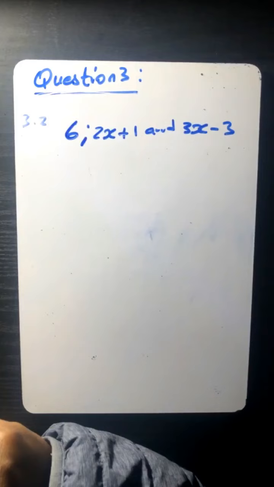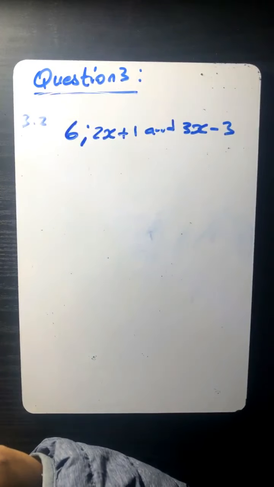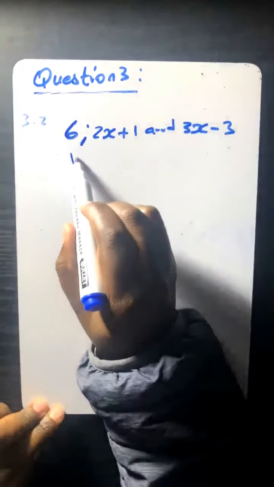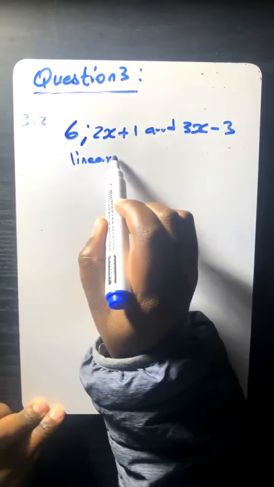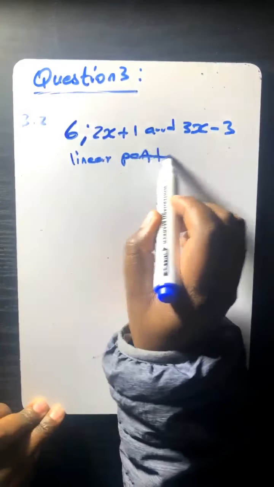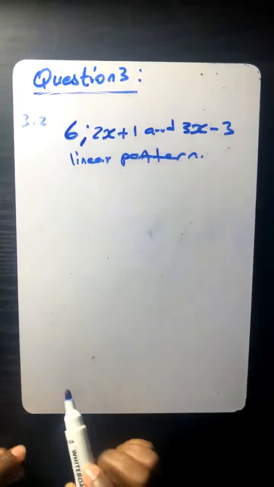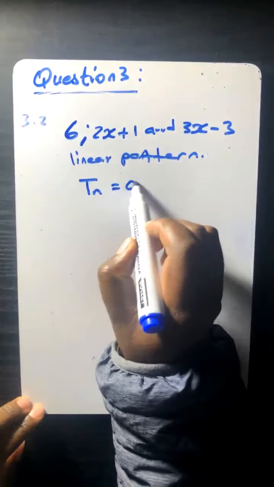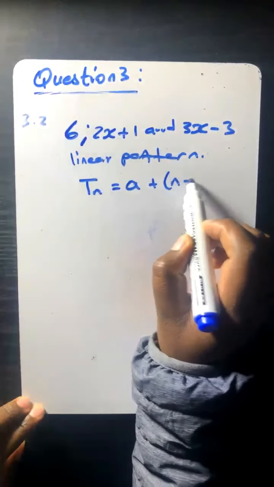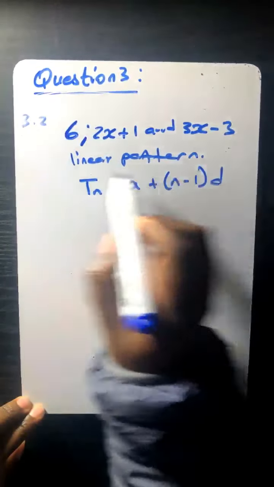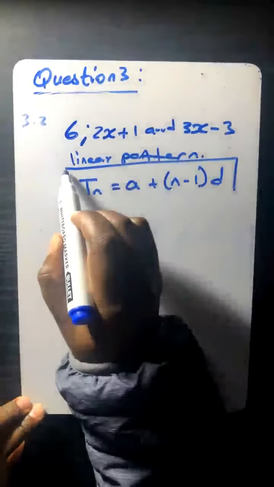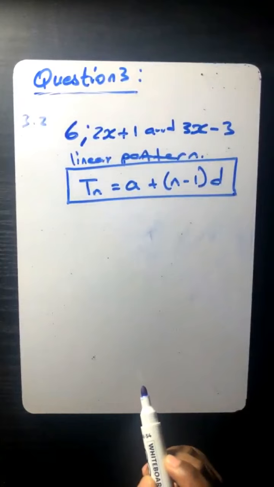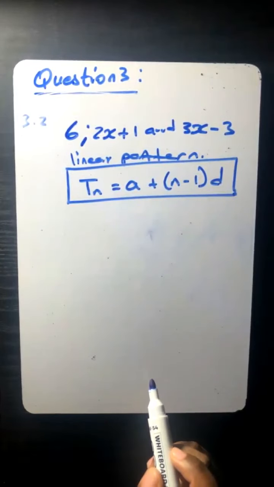They say that these are the first 3 terms of a linear pattern. So because they said it's a linear pattern, it means we are still dealing with this formula, ladies and gentlemen. In case they want you to calculate something and you've got no idea, make sure to look at this formula. It might give you some possible answers.